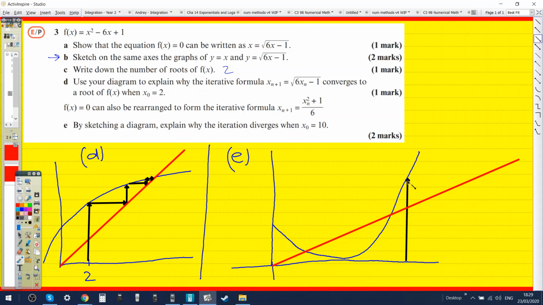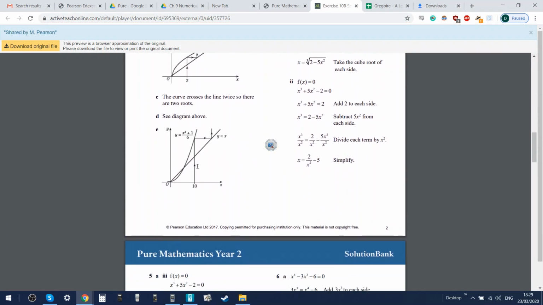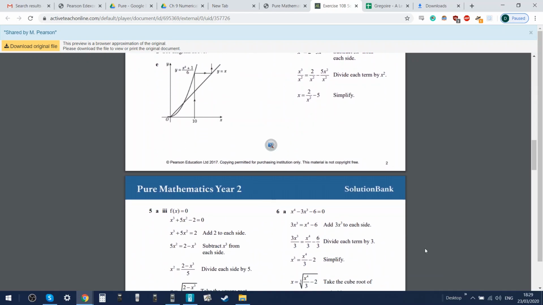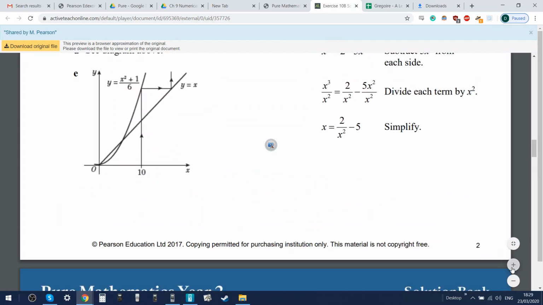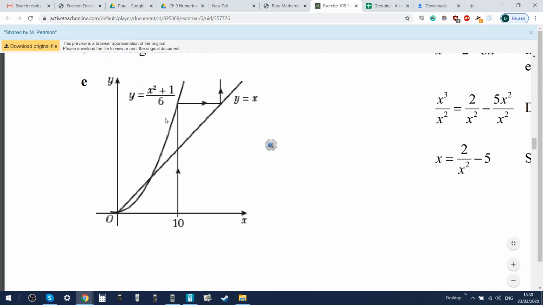Because the rate of increase is increasing, the stairs are going to keep getting bigger. Your diagram is hopefully better than mine, and this is their whole answer.